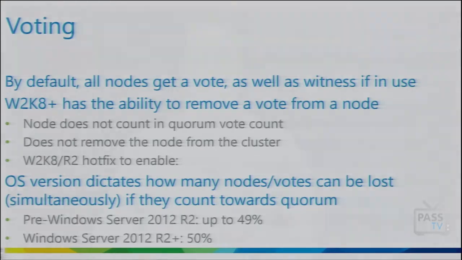So in the case where you would have 4 nodes and all would have votes, you could lose 2 of them at the same time and still be up and running. That's a big change in Windows Server 2012 R2, and that is one of the reasons that when I'm at clients, I recommend that they use Windows Server 2012 R2 as their operating system. There are other reasons, but that's one of the major ones.